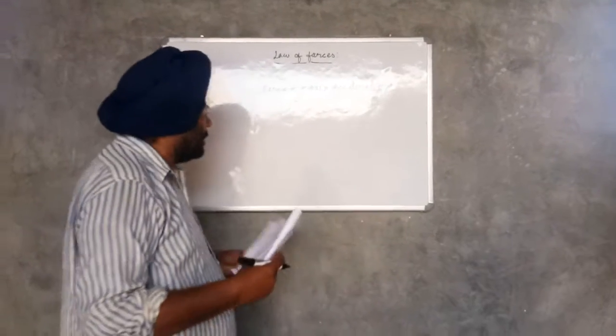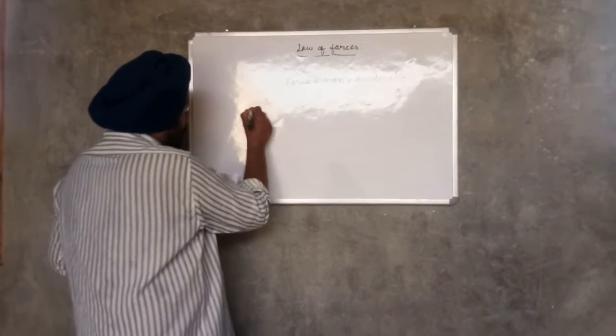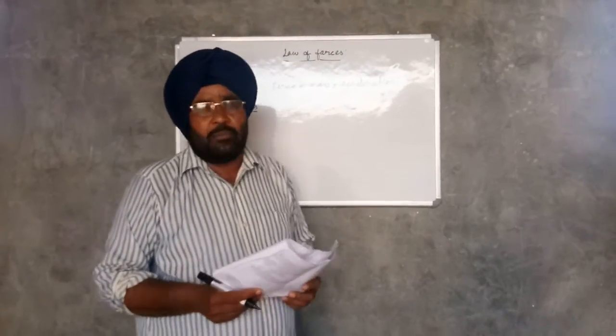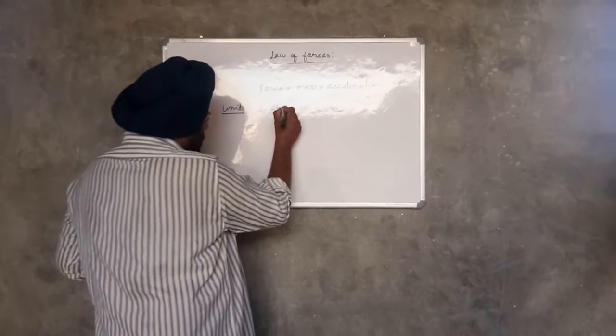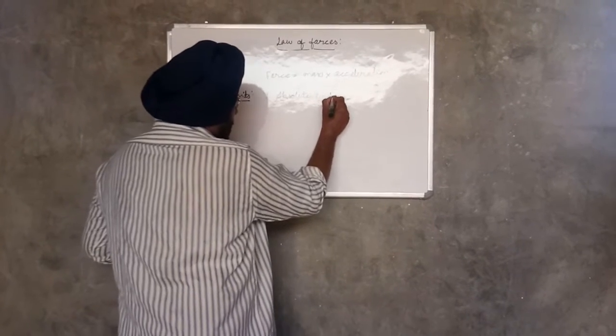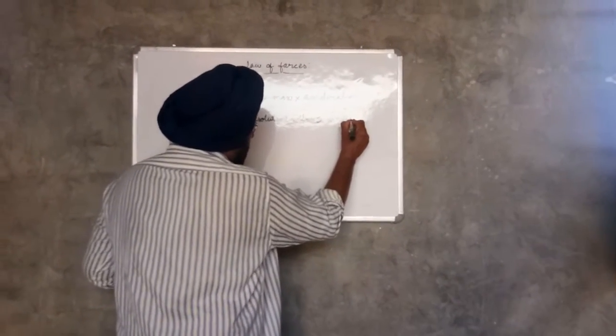So the following two types of units are used for the measurement of force. First are absolute units and second are gravitational units.